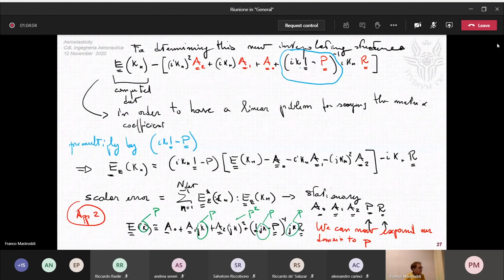Next time, the day after tomorrow in the morning, we have a recovery lesson. We start from this obtained interpolation, and I will show you that starting from it, we can write completely our elastic system in a fully state space form, only ordinary differential equations, but expanding our state space dimension, including new states, and the new states in our elastic system are formally the aerodynamic state space variables.